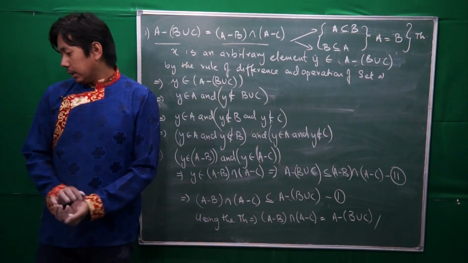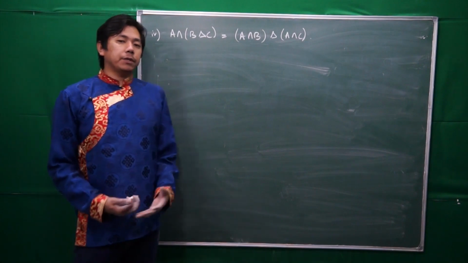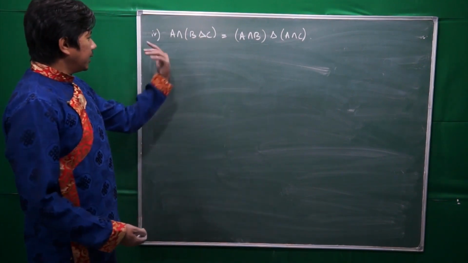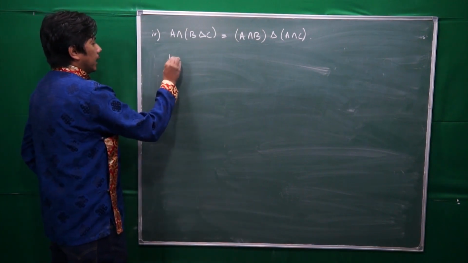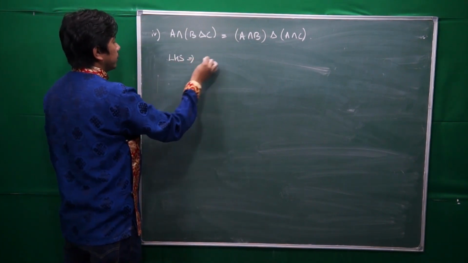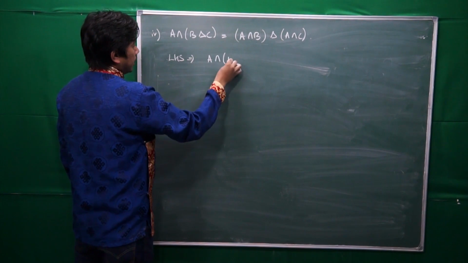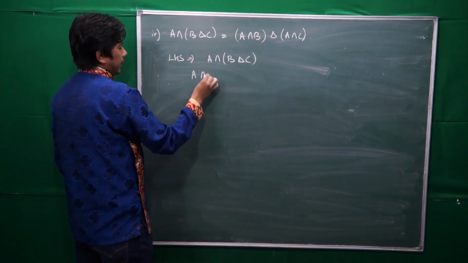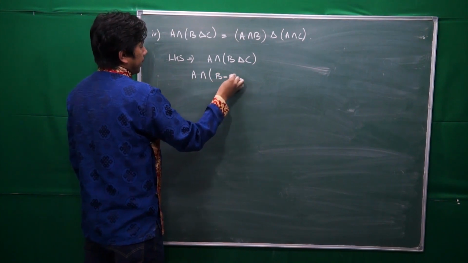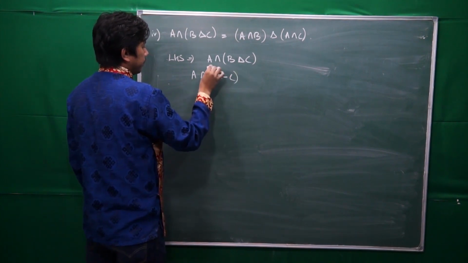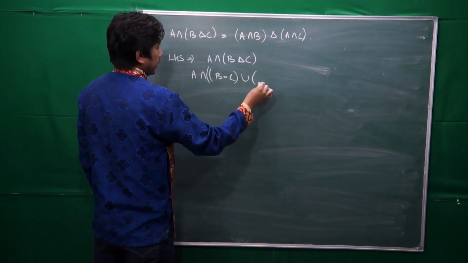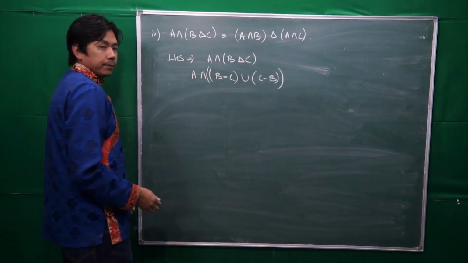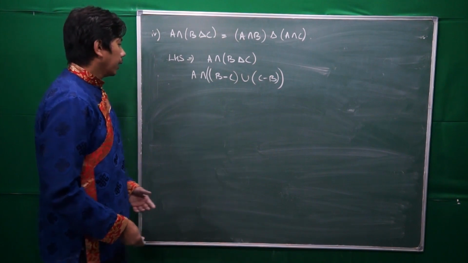Okay, so using the operation of symmetric difference, we are going to solve the question. Let's take the left hand side first. LHS is equal to A intersection (B symmetric difference C). So it will be written as A intersection ((B minus C) union (C minus B)). Okay, clear?